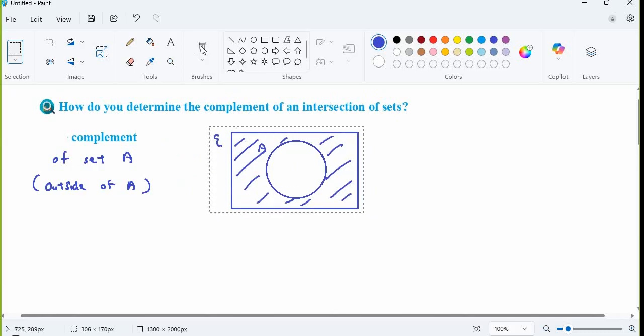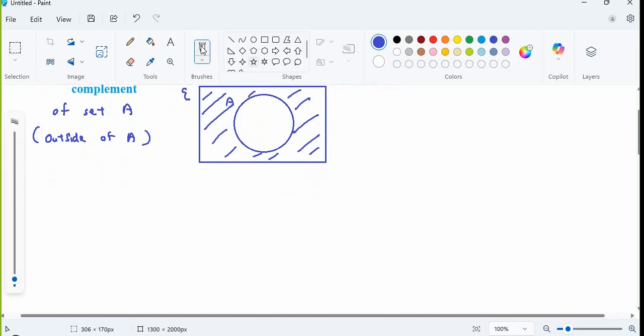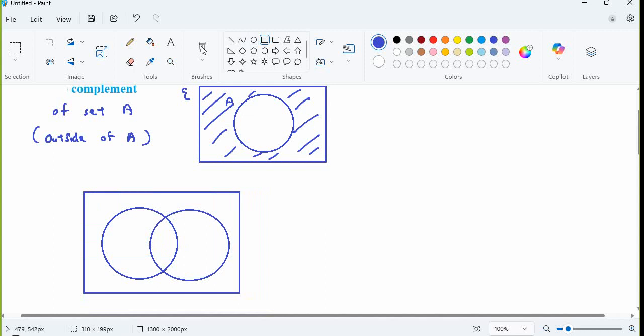Now if we want to find the complement of the intersection of A and B, we have A and B here, and the universal set.